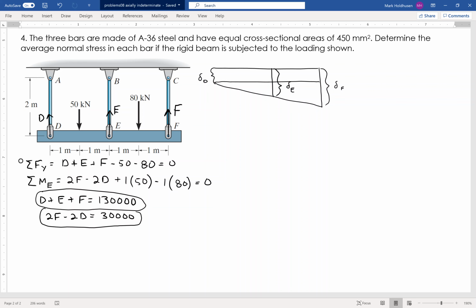What I know, because E is right in the middle and this is a straight line, is that this has to be 2 times bigger than this.